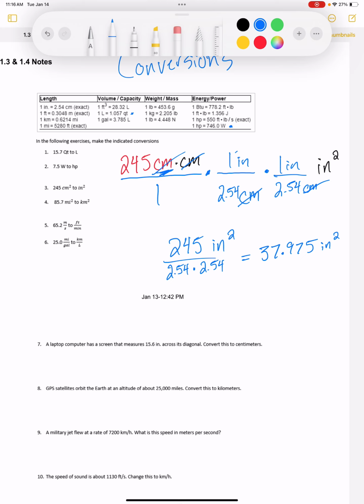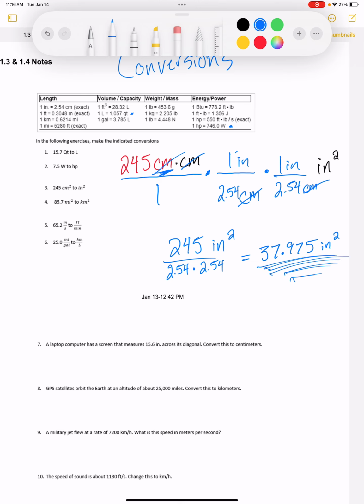And that's, yep, so 2.54, 245. Yep, and that's the easy way to think about it. Or I think it is. Hopefully you think it is too.